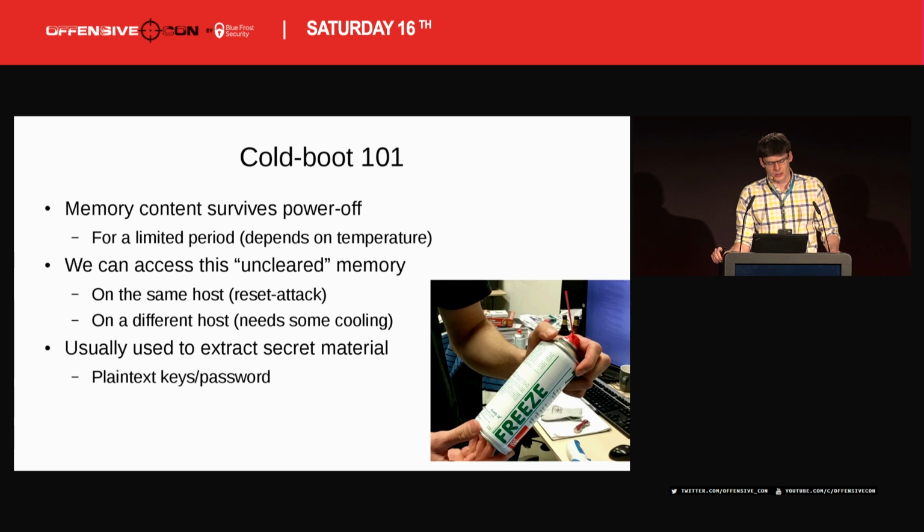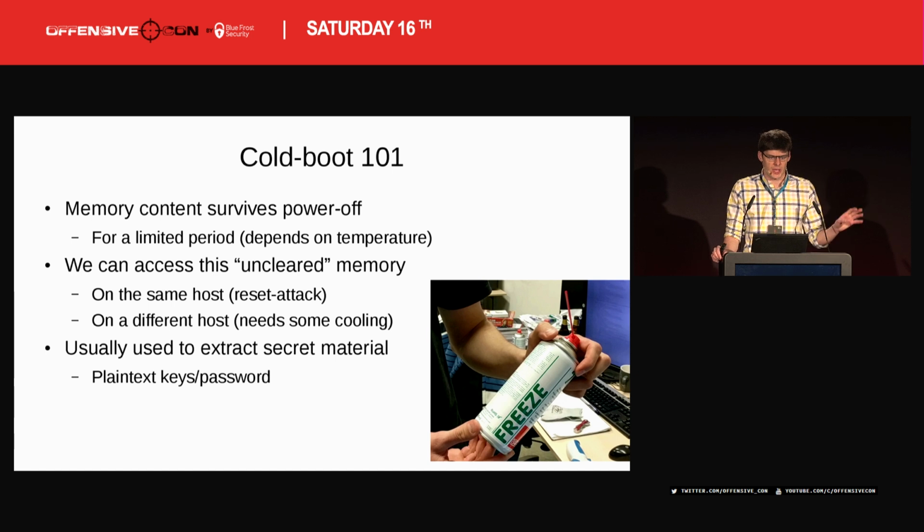A gentle introduction to the cold boot attack. We know that memory content survives after power off, for a limited period that highly depends on temperature. We can access this uncleared memory either on the same host, which is probably called a reset attack, or on a different host.